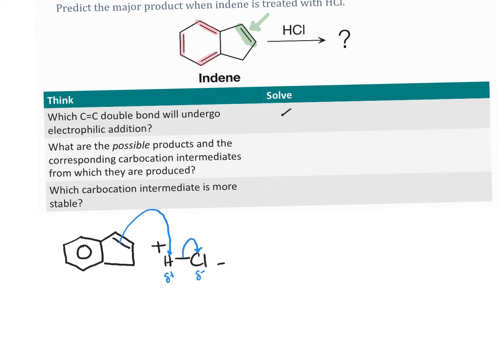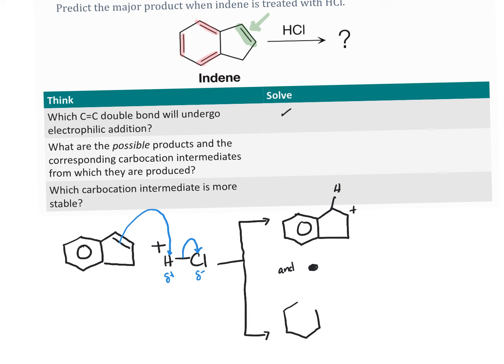It can form one of two intermediates. It can form this intermediate, and it can form that intermediate, okay?